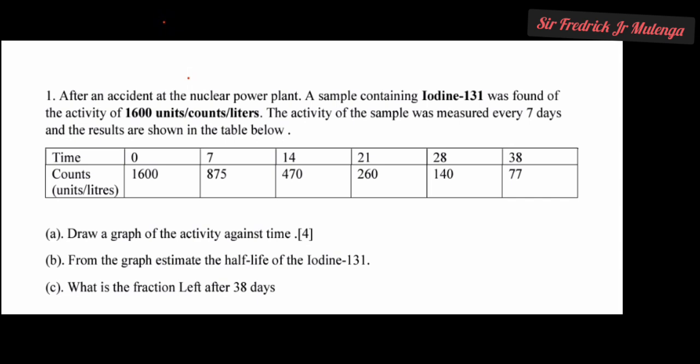The activity of the sample was measured every 7 days, and the results are shown in the table. So these people were checking on this sample of iodine after 7 days, and this is what they found. We have the table tabulated for us.